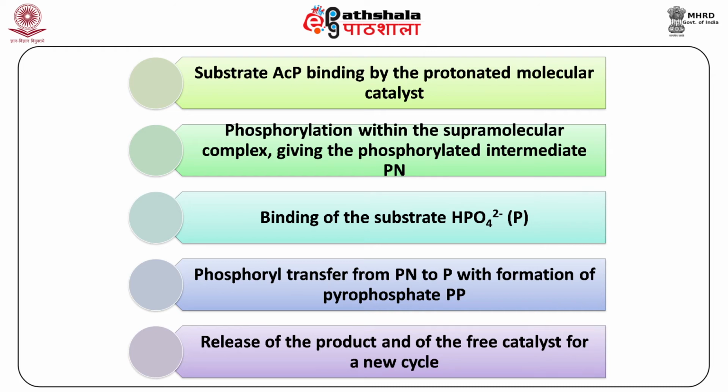Third step is the binding of substrate, that is HPO4 2-, which is the P. Fourth step is the phosphoryl transfer from the PN structure to the P structure with formation of pyrophosphate. Release of the product and of the free catalyst is necessary for a new cycle, and all these steps are necessary for the new cycle to begin.